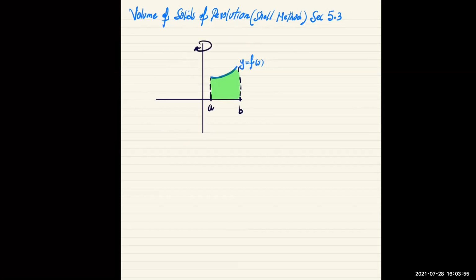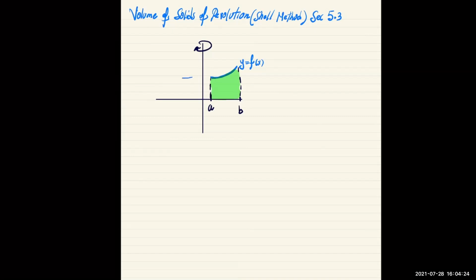As we saw, if I were to use the washer method, I would have to have x equal to something, because horizontal means that you have to find your distances horizontally. So let's say that this revolves around.